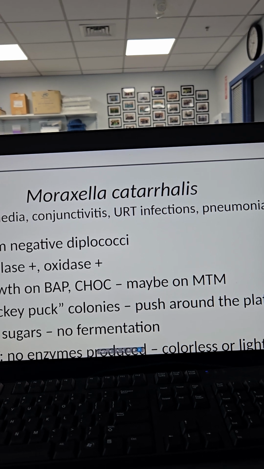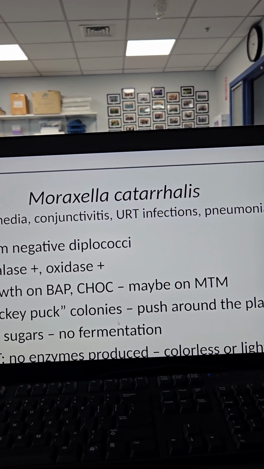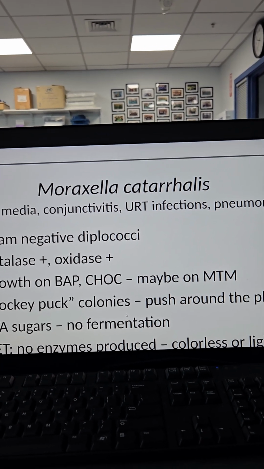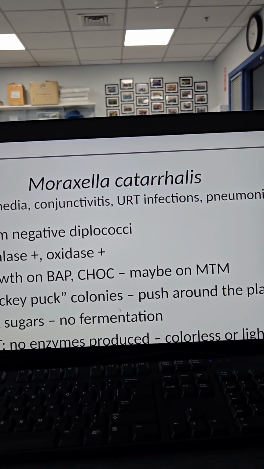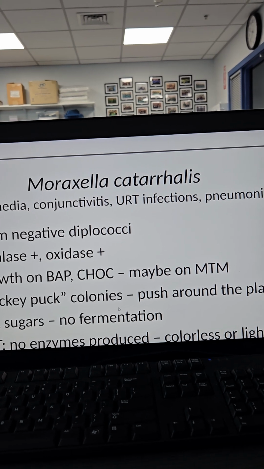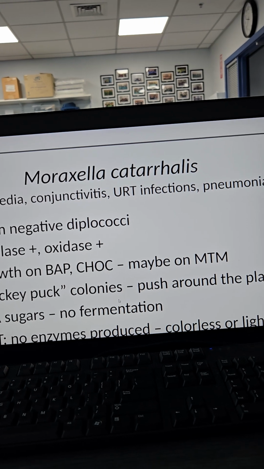Moraxella catarrhalis tends to, when you go to pick it up from the colony, not be smooth and creamy like the other Neisserias. This one actually likes to adhere to itself.